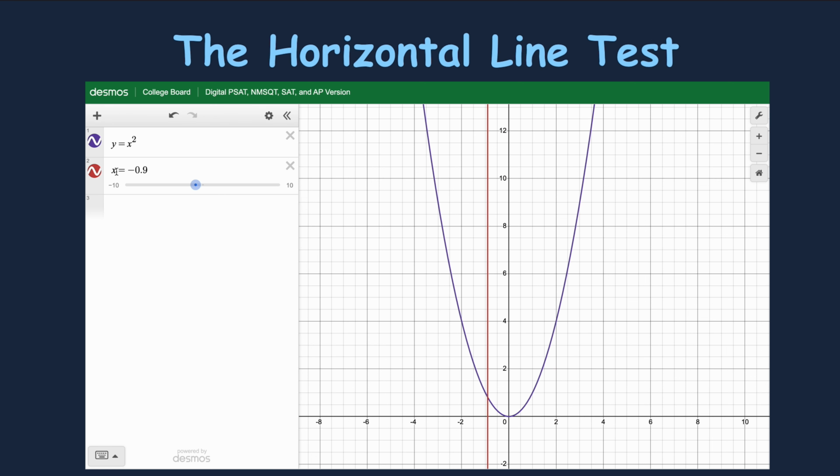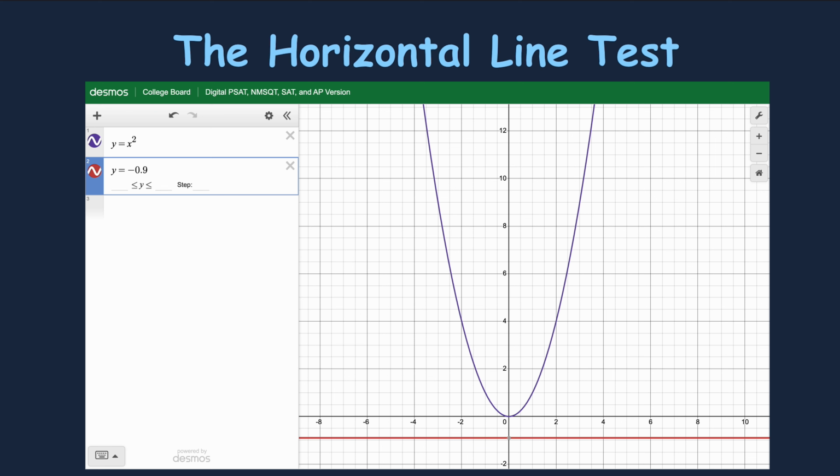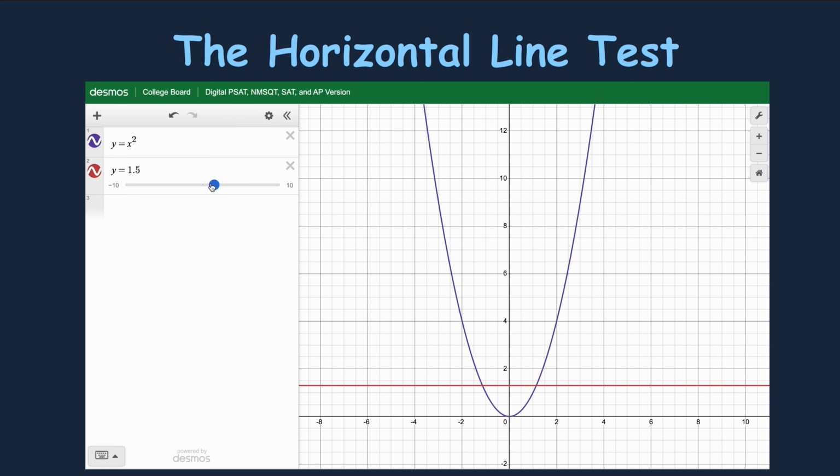But if I change this to a horizontal line, I see that this line is touching the purple graph at more than one spot, basically everywhere on this graph. So that means that the inverse of this is not a function in its current state.